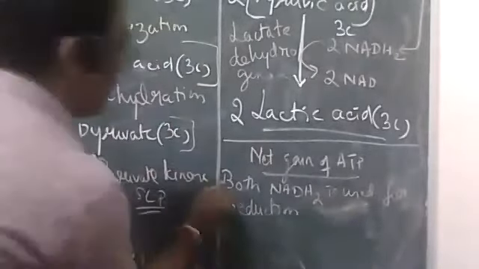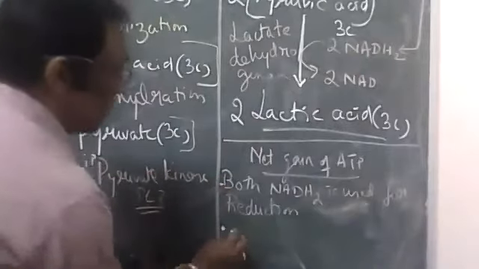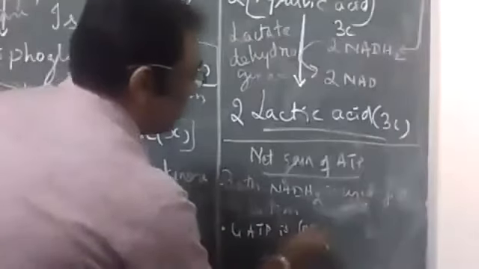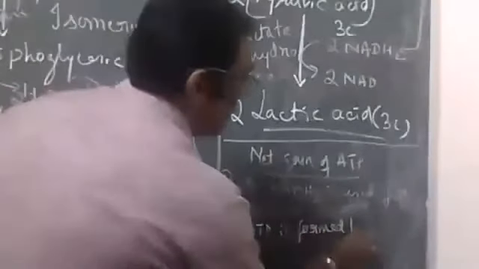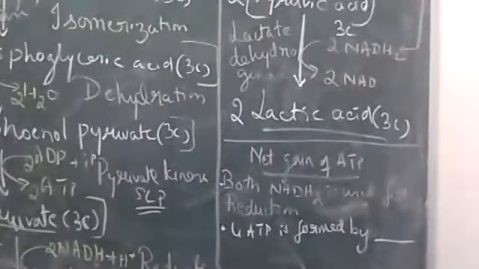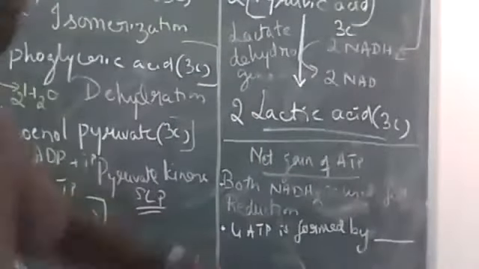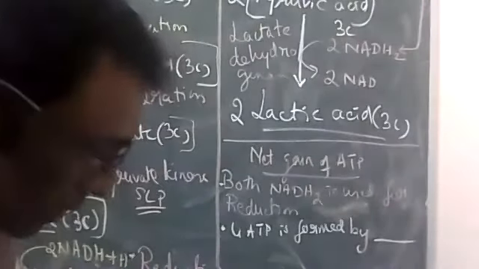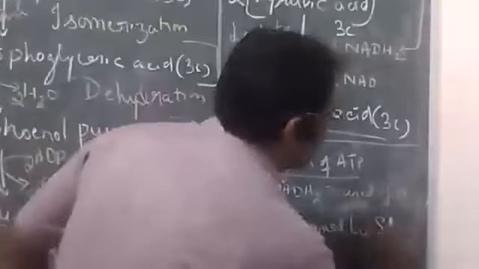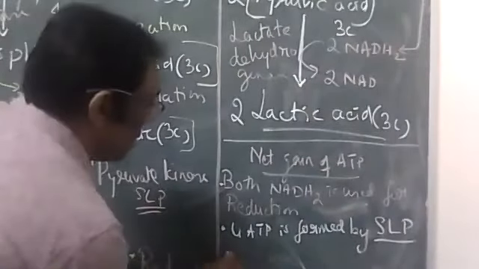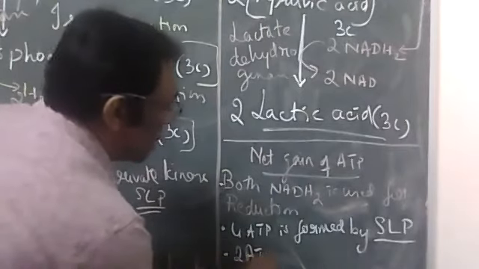Good, so follow this. 4 ATP is formed by what? What is it called? Anyone can guess? Phosphorylation. Substrate level phosphorylation, yes, good. 2 ATP is used.